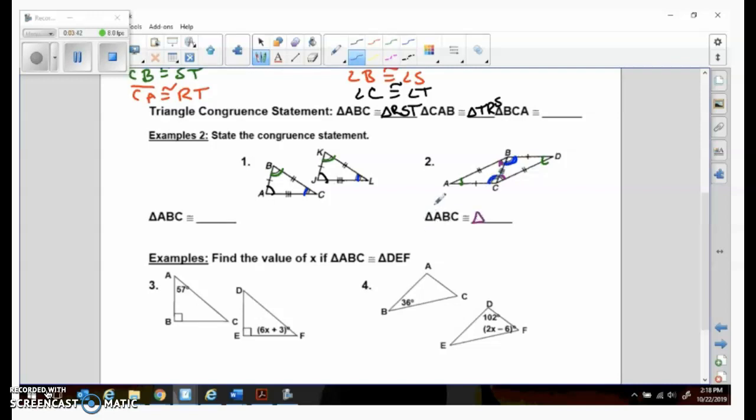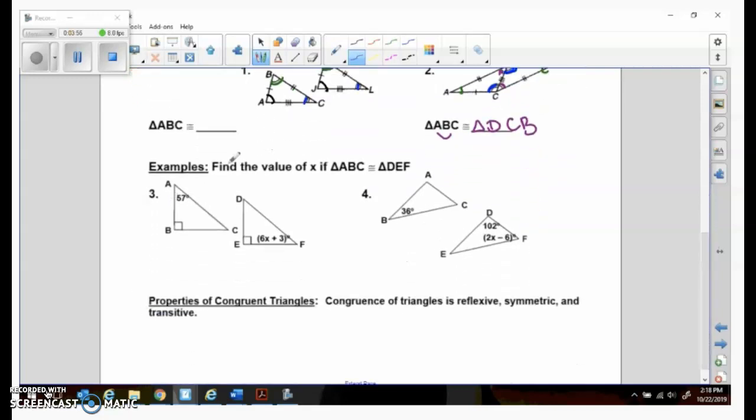So then you know that angle A and angle D are the corresponding angles. And angle B goes along with C because when we're doing triangle ABC, B is the smaller angle, and C is a smaller angle in the other one.